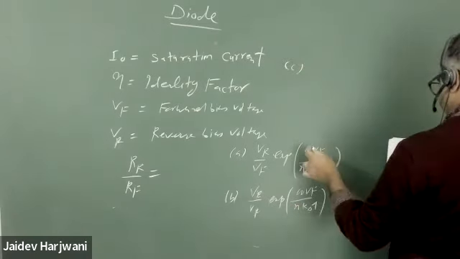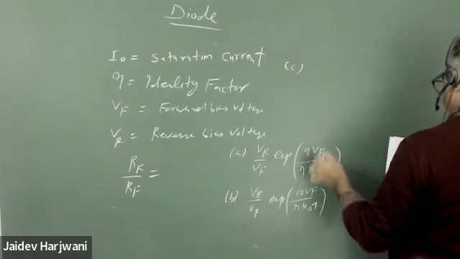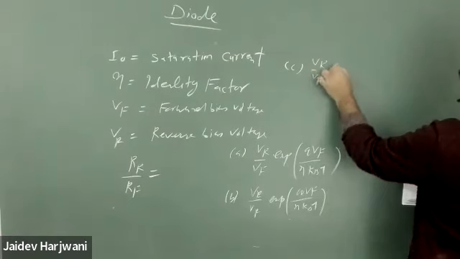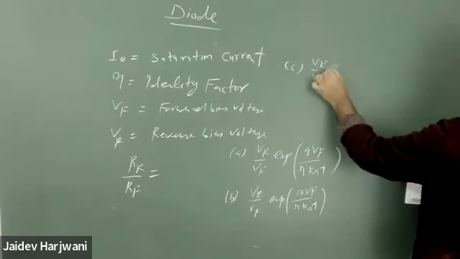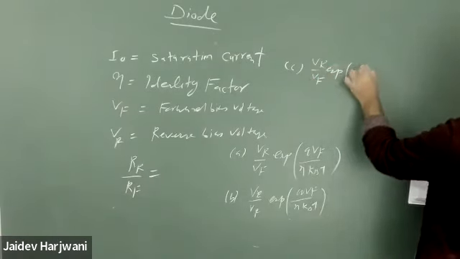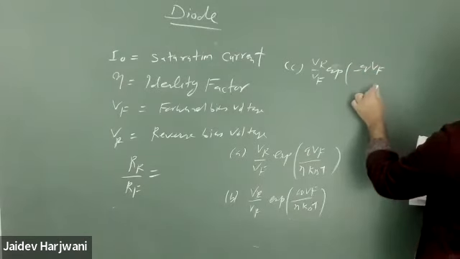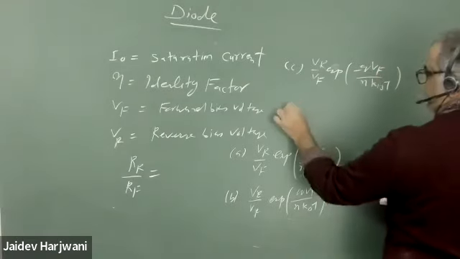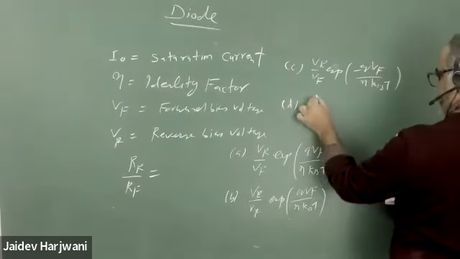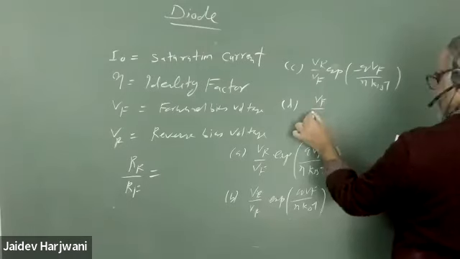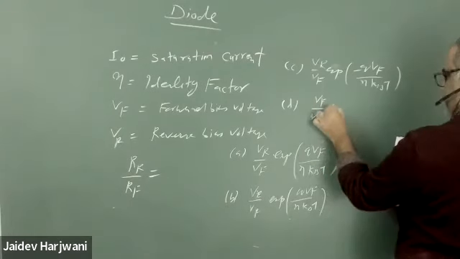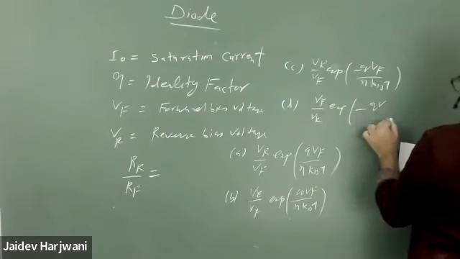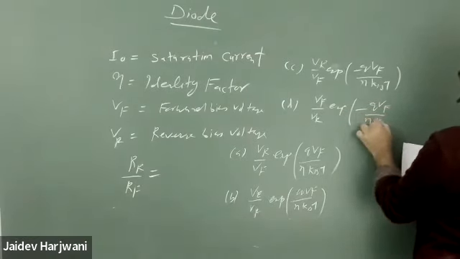C option is Vr upon Vf is equal to exponential of minus qVf upon eta kBT. And the D option is Vf upon Vr, exponential of minus qVf upon eta kBT.